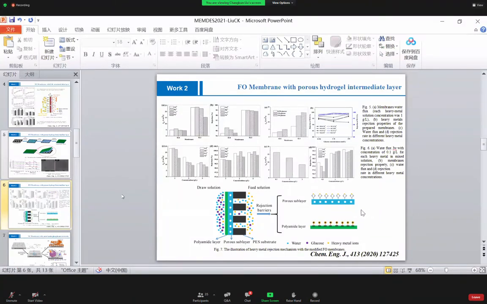Well, there are a few heavy metal ions which can penetrate this intermediate layer into the skin layer. And the skin layer is positively charged as determined by the zeta potential measurements, so it shows an electrostatic repulsive force to the heavy metal ions, forming a second barrier. So in the second work, we have prepared forward osmosis membranes with a porous hydrogel intermediate layer, which shows a double barrier for the rejection of heavy metal ions.